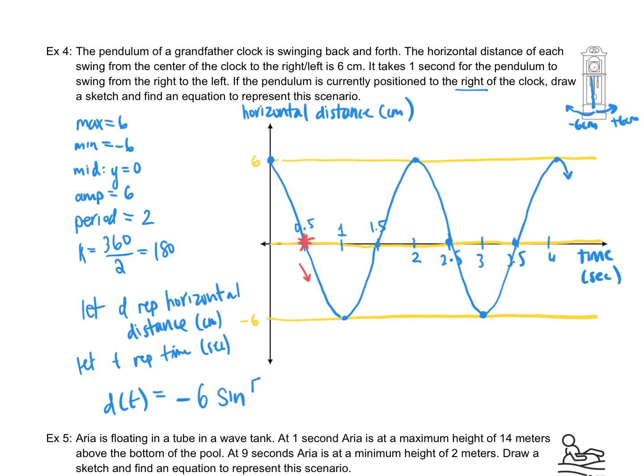It's a sine function. My K value is 180, and I have to separate it from the phase shift part. And based on my starting point, which is 0.5 to the right, I'm going to write T minus 0.5 to show that shift. And then my midline is 0, so I'm not going to bother writing +0. And there we go. Another sinusoidal example.